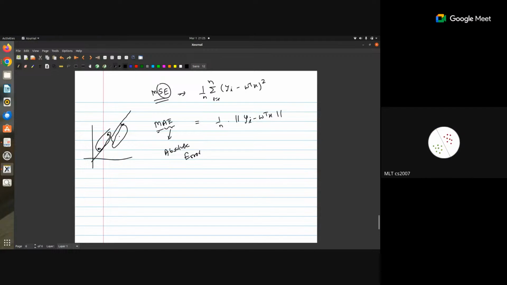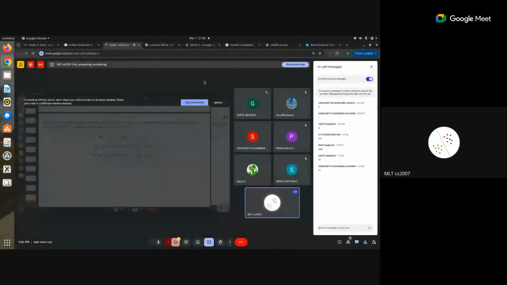And if you assume the noise is Laplacian, then your W hat ML and the W optimal coming from the other process are the same, and that should be equal to this. I think all of you know this.